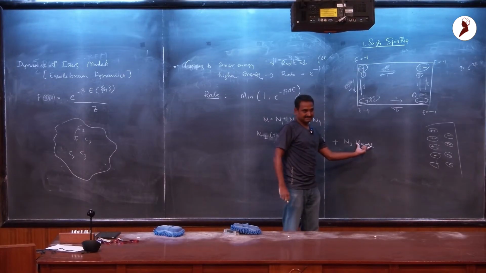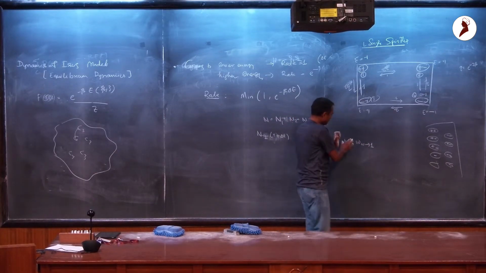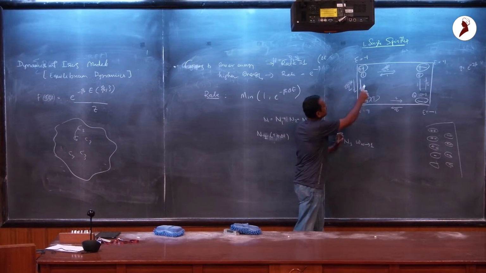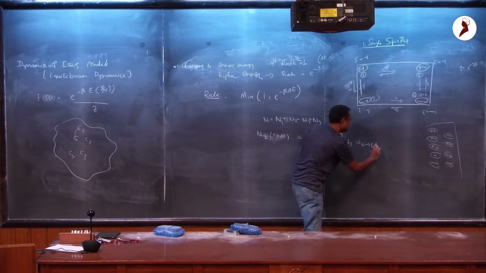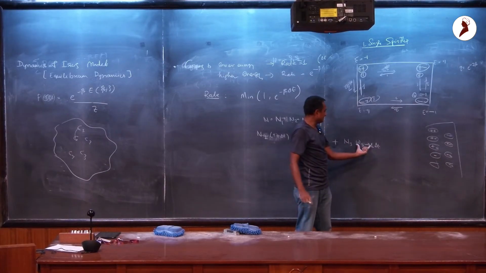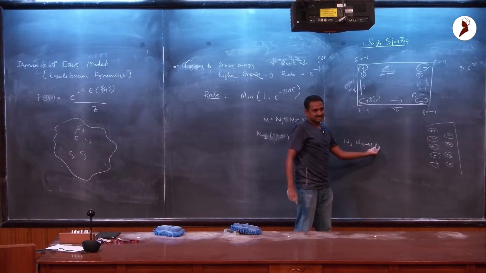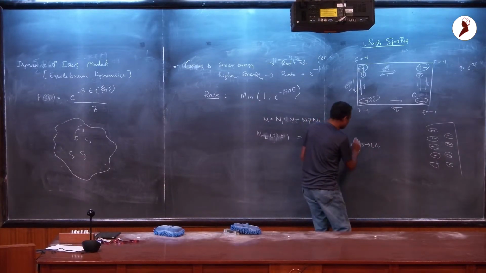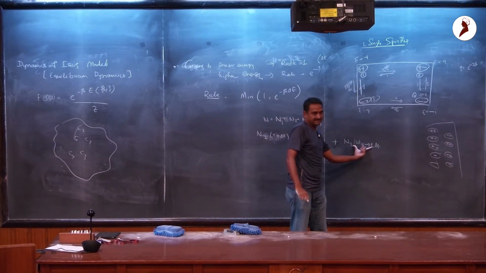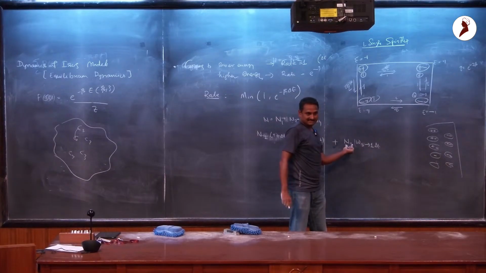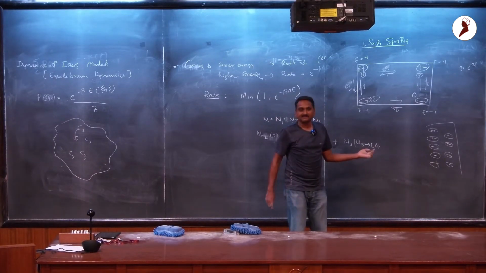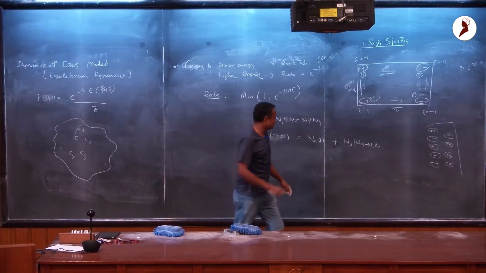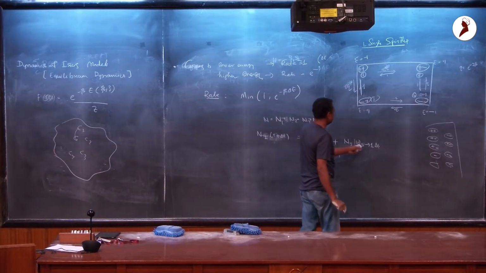This is the rate. So basically those which are at n3 move with probability W3 to 1 delta t. If rate is whatever rate, the rate times delta t is the probability, because rate is t inverse. So this is the gain from n3, plus n3 W3 to 1.